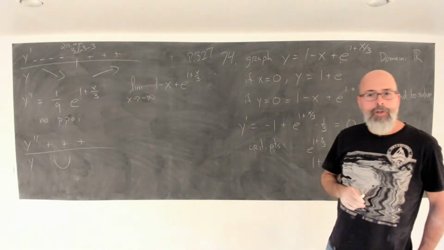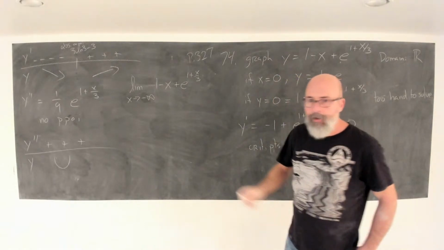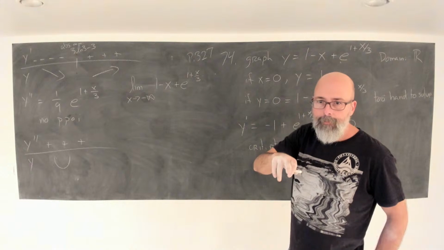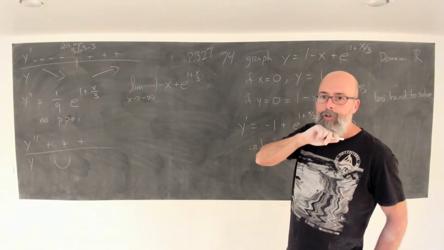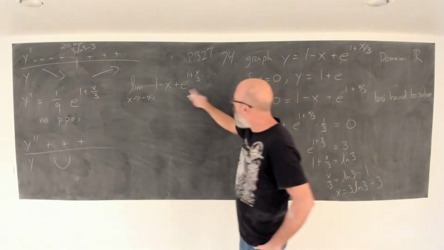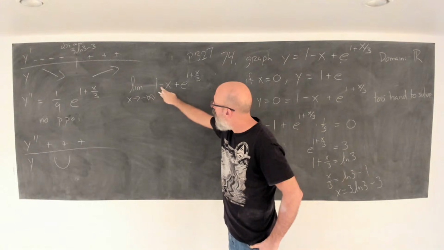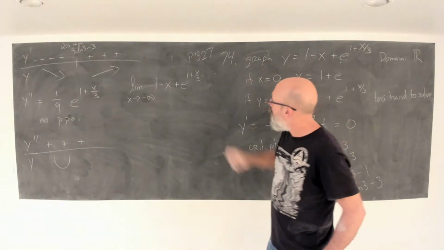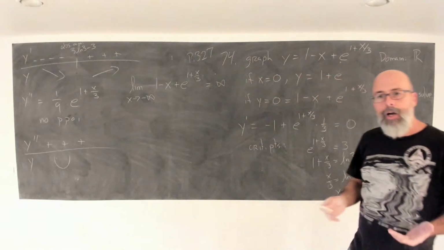X over 3 goes to negative infinity. Negative infinity minus 1 is still negative infinity. E to the negative infinity is 0. Thank you, Michael. This part goes to 0. 1 minus negative infinity is infinity. So this limit will be infinity.